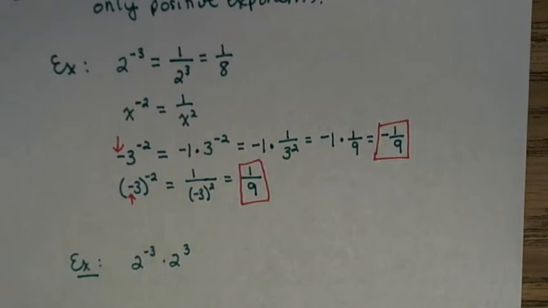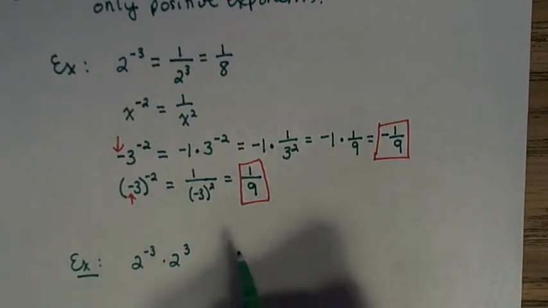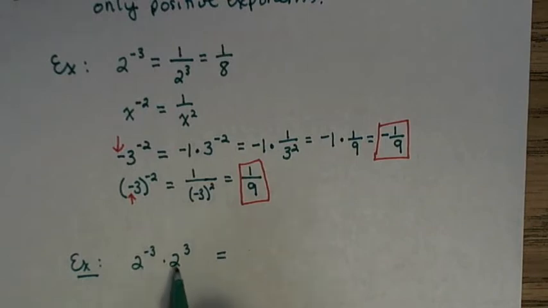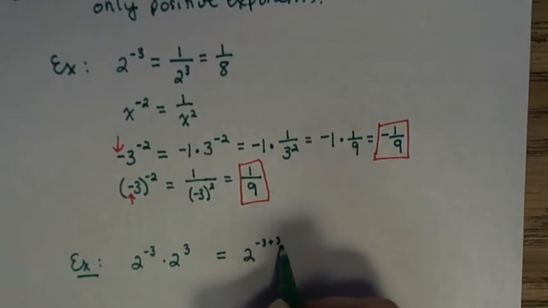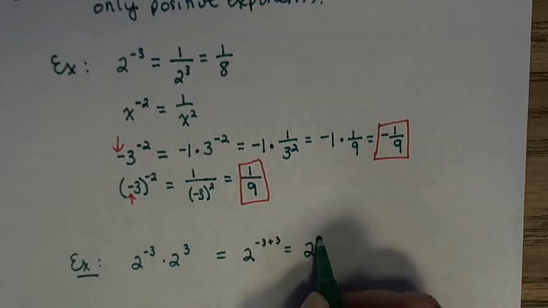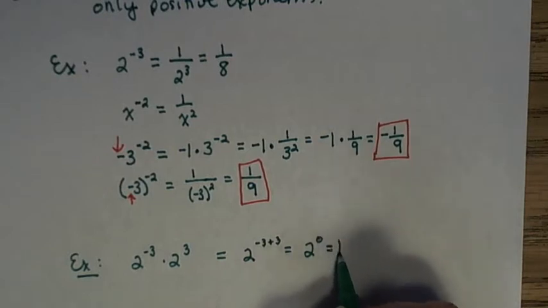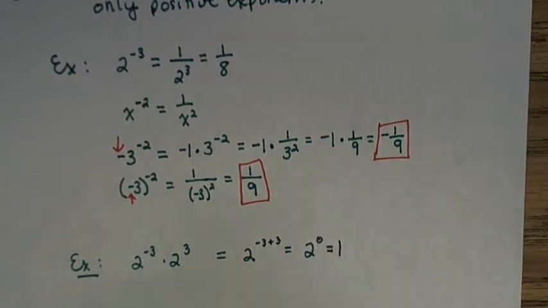There are 2 ways now, with what we've talked about, that I can use. The first one would be to recognize I have the same base, which allows me to add exponents. So I could say this is 2 to the negative 3 plus 3, which becomes 2 to the 0, which becomes 1.